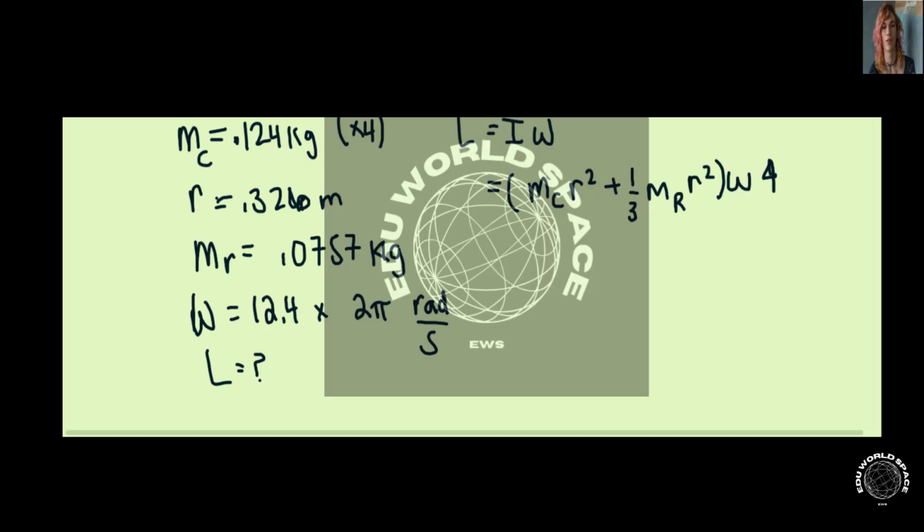So 124 grams, and then 12.4. Okay. So 4 times the omega, 12.4 omega, yes, times the quantity 0.124 times 0.326 squared plus 1/3 times 0.0757, times 0.326 squared again.